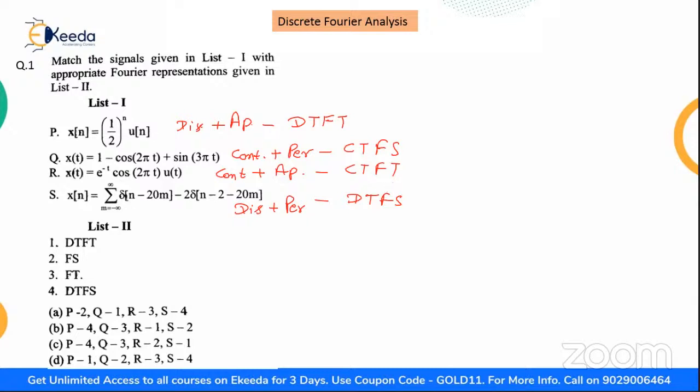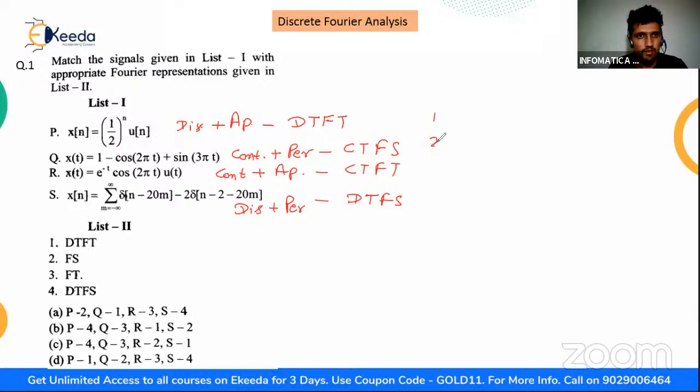If the signal is continuous, then we will use the continuous time Fourier series. So basically this is one, the discrete time Fourier transform, P will correspond to one.